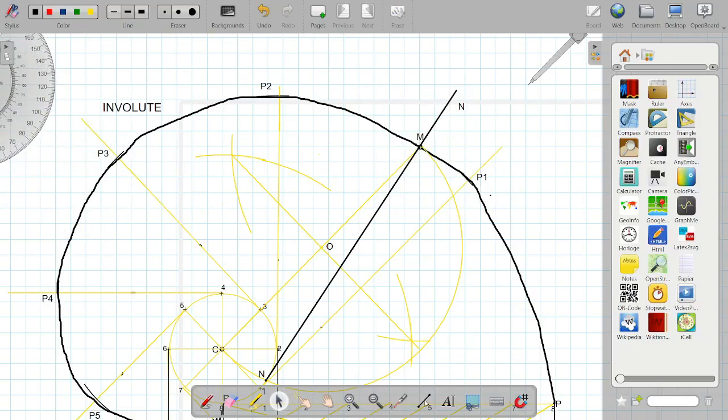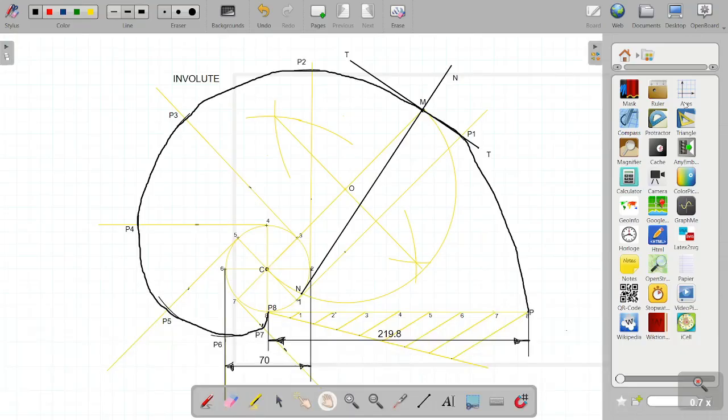And now just joining this point with point M. This is the tangent. So this completes the solution in all respects, wherein we have drawn a involute of a circle along with normal and tangent to any point on the curve.